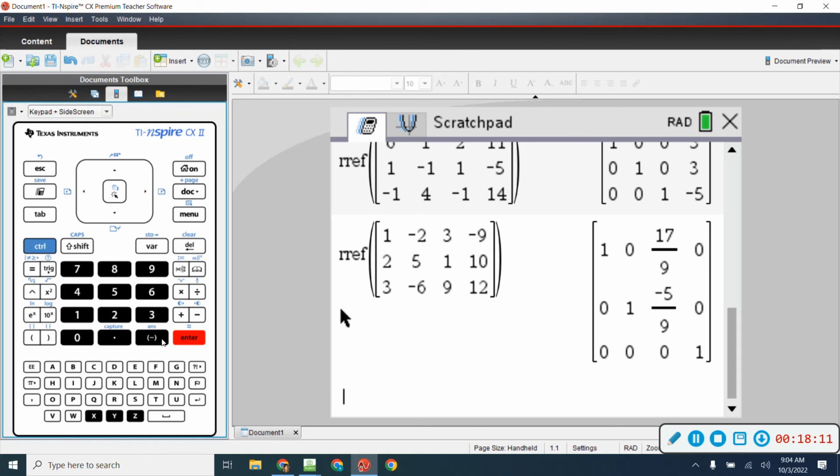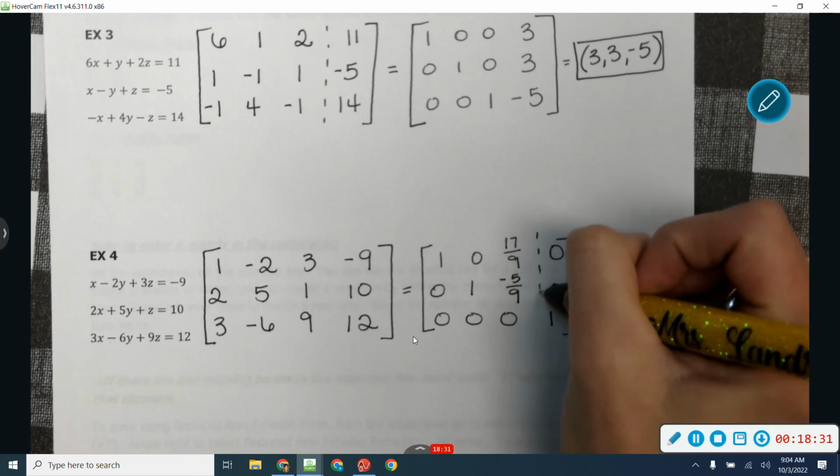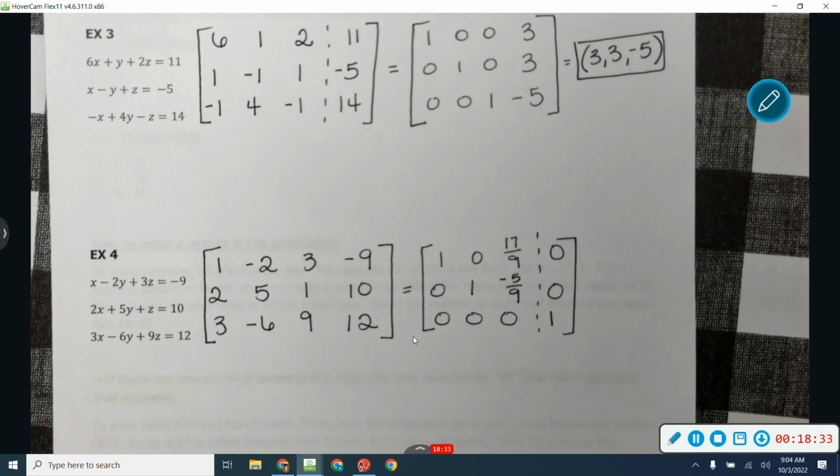What happens with your calculator now? So, do you have the identity matrix on the left? If I were to separate my last column, this is mainly why I do that, so I can visualize it.